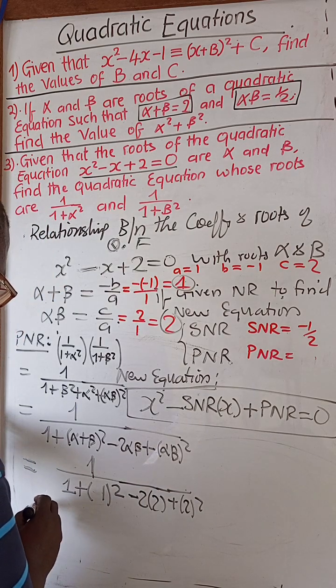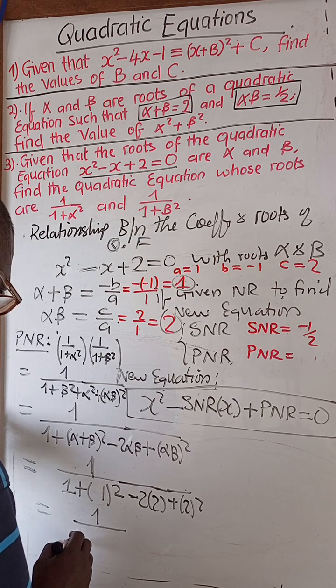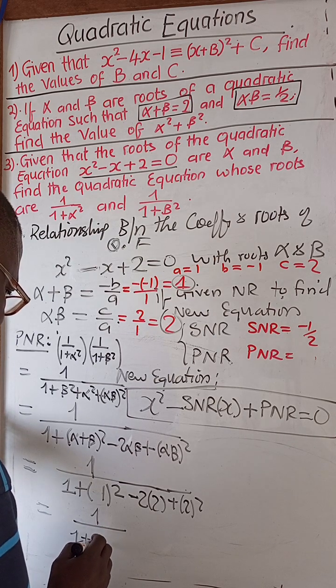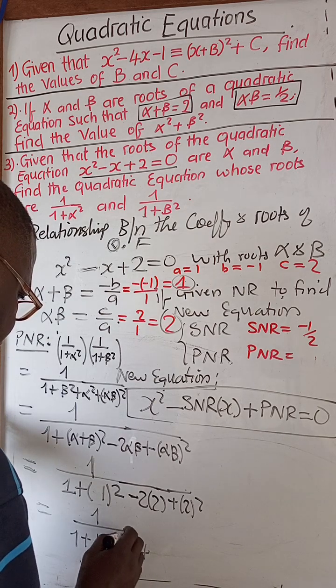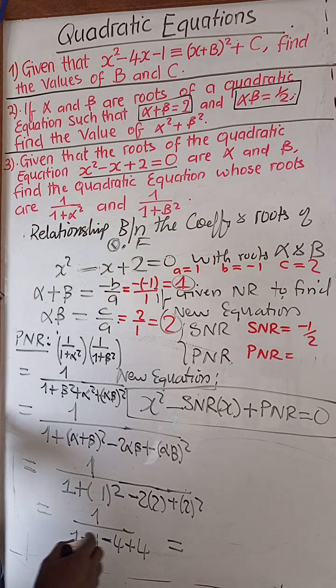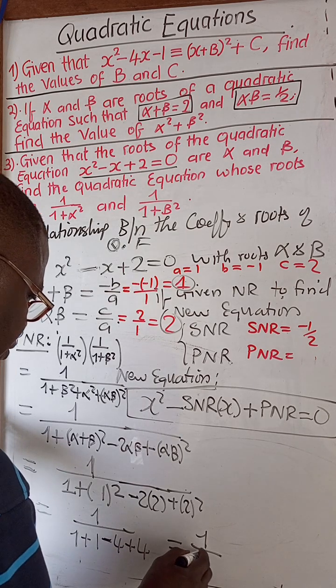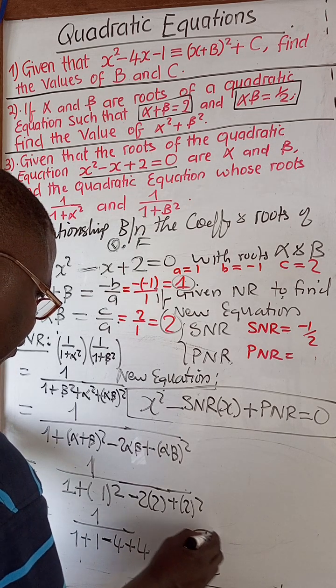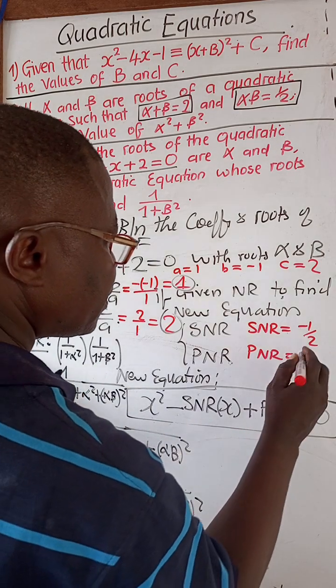Okay, this gives us 1 all over 1 plus 1, alright, minus 4 plus 4. Alright, that simply gives us 1 all over negative 1 plus 4 is 0, 1 all over 2. Okay, so product of new roots is a half.